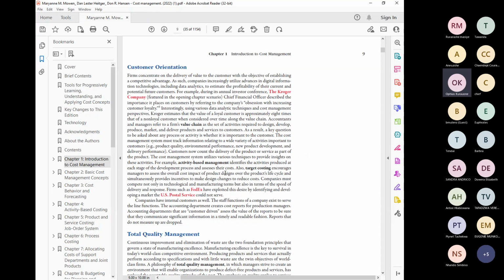Companies must compete not only in technological and manufacturing terms, but also in terms of speed of delivery and response. For example, if you buy a Nokia 5110, those ones which were popular during the last decades, and it takes 5 years to arrive in Zimbabwe, when people are no longer using them, it becomes useless.